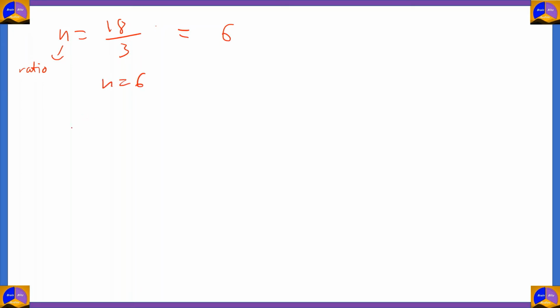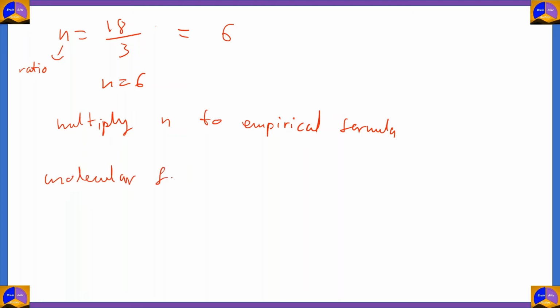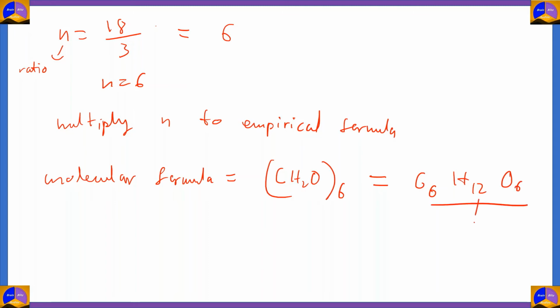To get the molecular formula, we multiply n to the empirical formula. So the molecular formula will be equal to (CH2O)6. So C6H12O6 is the molecular formula.